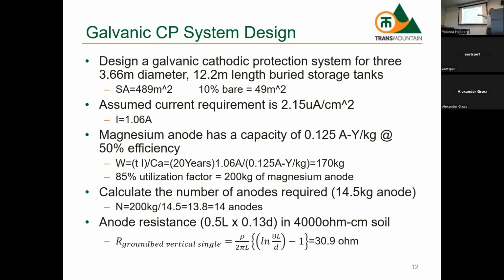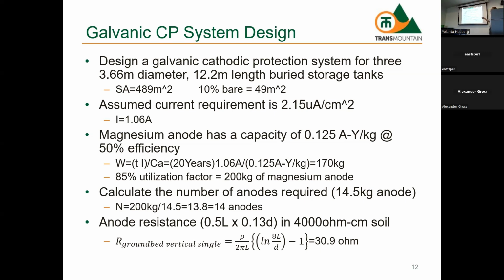In this case, we're using 50% efficiency, because even if we're not driving the magnesium hard enough to really protect the system, it's going to be self-consuming. So it's not going to last, even if we're not using it. So we got 50% efficiency.